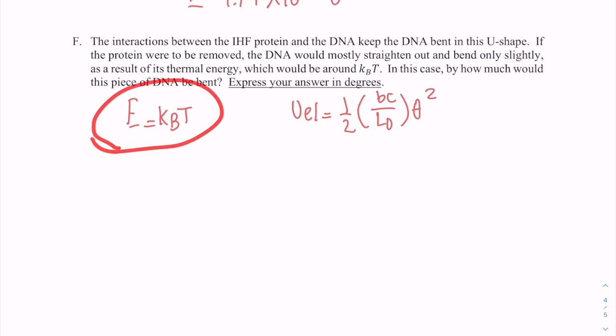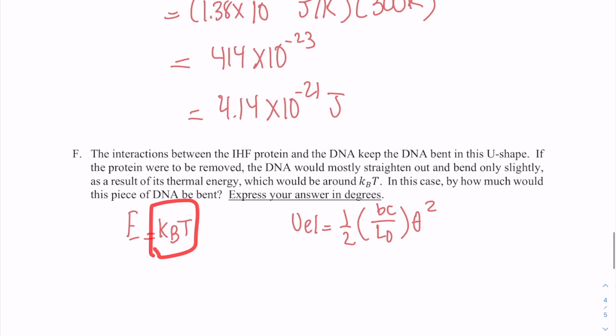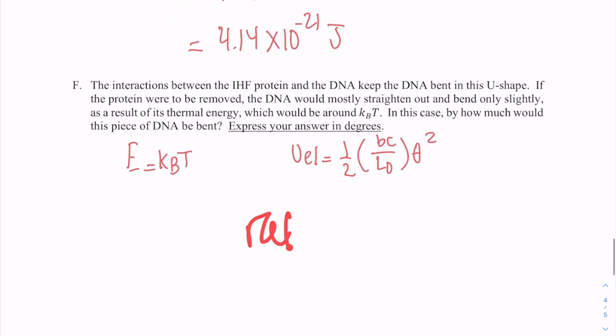Our energy has to be equal to the elastic potential energy. So we set it equal and then solve for theta. That'll be in radians, because the normal units for theta in all of these types of problems are radians. So we'd have to go from radians to degrees via the conversion factor.